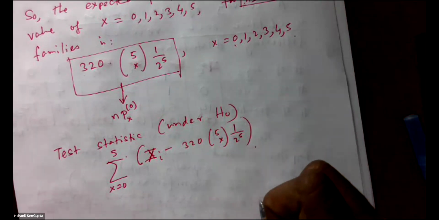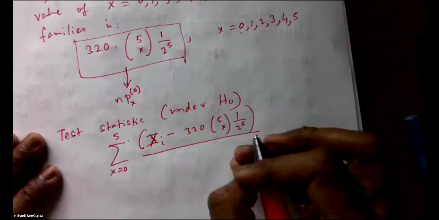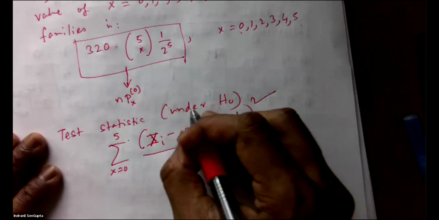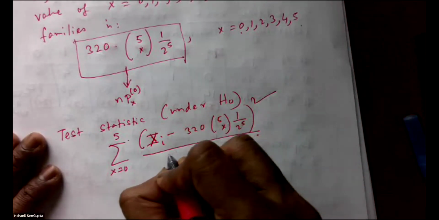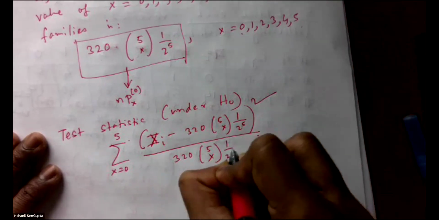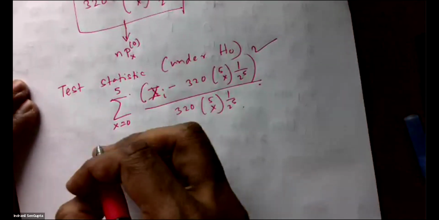That's the expected values. And here it will be squared and divided by the expected values, which are 320 times 5 choose x, 1 over 2 to the 5. Compute that.